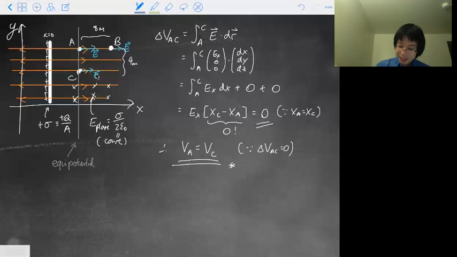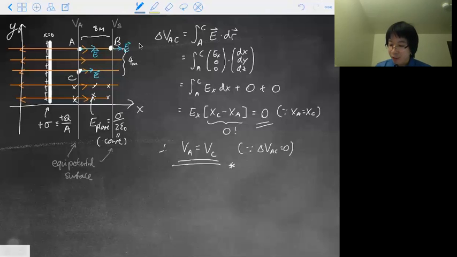In fact, you can find a point D over there and try to do the same math, and you can see that it has the same potential as well. So these are equipotential surfaces. But is this the same potential as this one? No. Let's call it VA, VB. So VA does not equal VB, as we just saw from the previous slide, right?